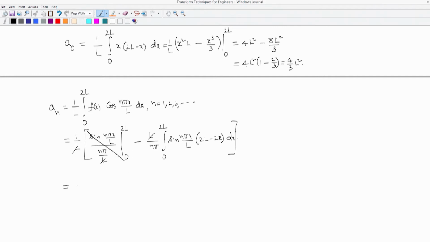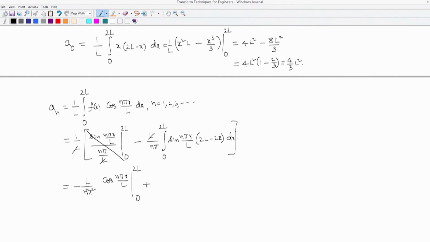So, if you do integration by parts one more time, you have 1 divided by n pi, now L by n square pi square, into cos n pi x by L, with limits 0 to 2 L. Minus minus plus, and you have cosine with a minus.